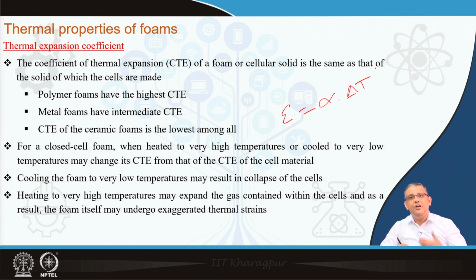That means for the same delta T, the higher the alpha, the more will be the thermal strain, and the thermal stress, sigma, is nothing but E times epsilon, where E is the Young's modulus. That means the higher the modulus and the higher the expansion coefficient, the more is the tendency for thermal shock damage. So, ceramics, because they have a low thermal expansion coefficient, are very good for thermal shock resistance. We will see it afterward.